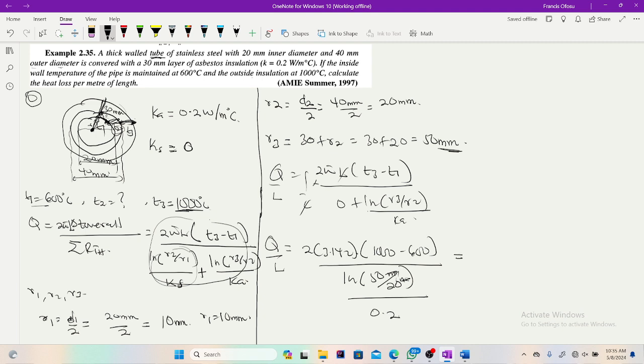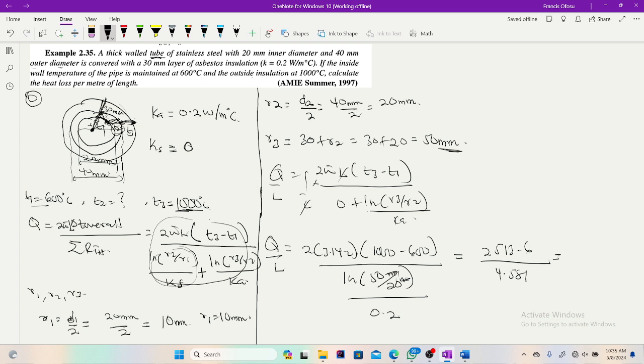So we get 2 times 3.142 times 1000 minus 600, and that would be 2513.6, all over ln 50 divided by 20 all over 0.2, which gives us 4.581.